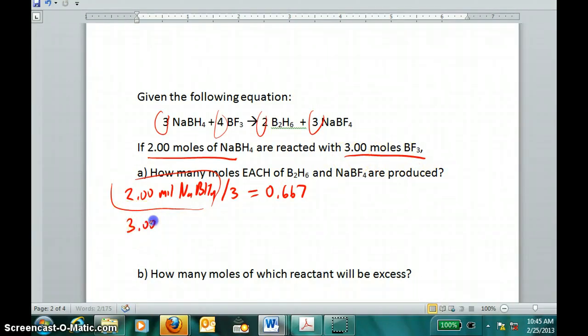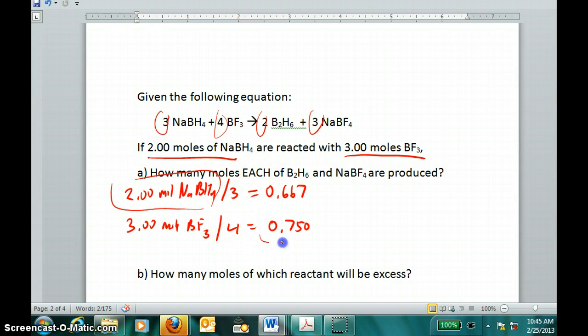We have 3 moles to start with of boron trifluoride, and we're going to use 4 of them in the reaction. And when I divide 3 by 4, I get 0.750. All I'm doing is taking how much I started with and dividing by how much I need.